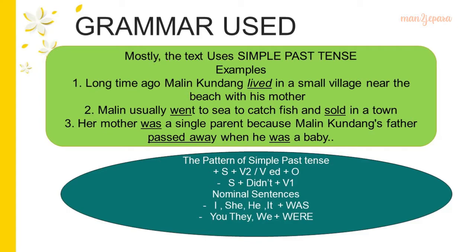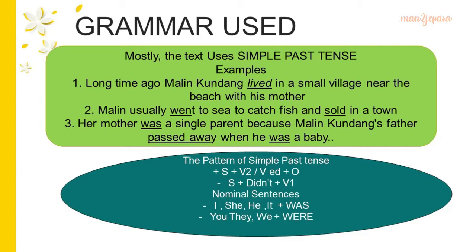What is simple past tense? The pattern of simple past tense, we use subject, verb 2 or verb ed for regular verbs, followed by object. That's for the positive pattern. For the negative one, we have subject, didn't, and come back to verb 1.